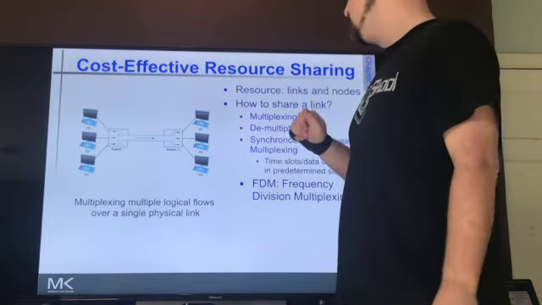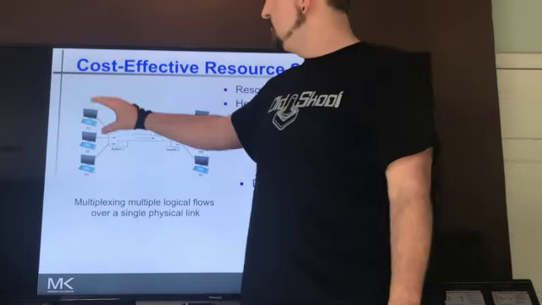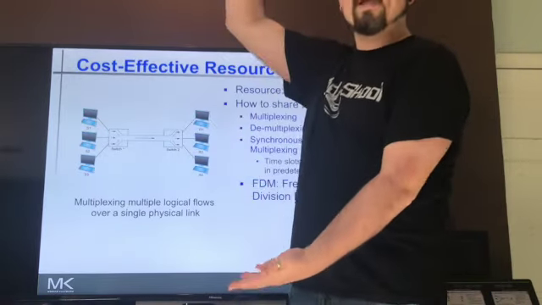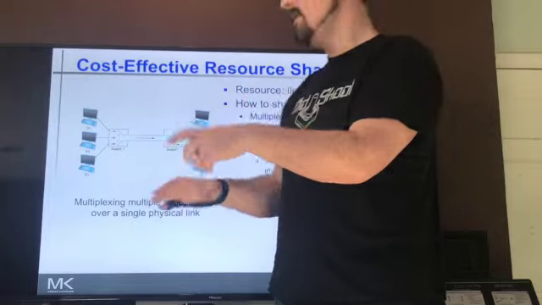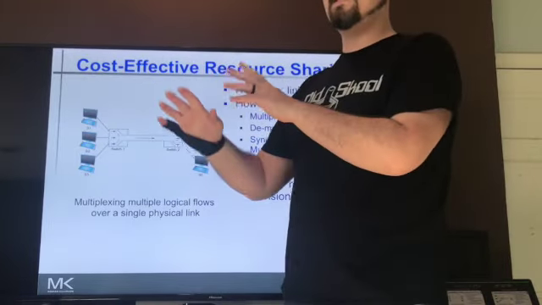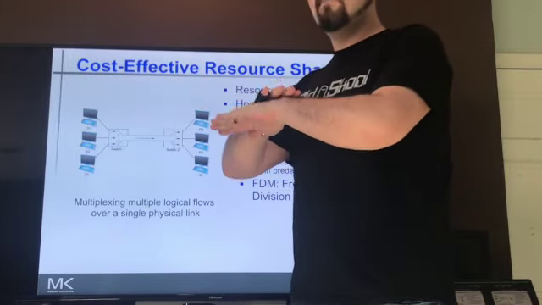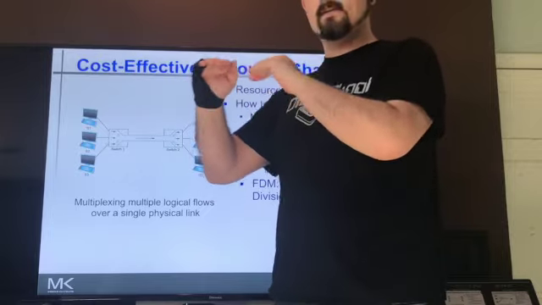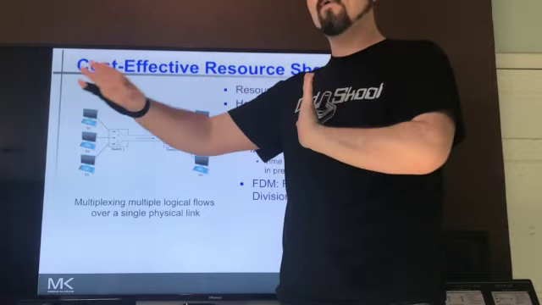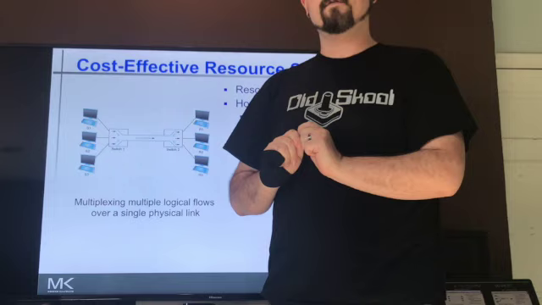Time division multiplexing basically gives you access to the whole bandwidth for a certain amount of time. Frequency division multiplexing gives you constant time access, so you always have access, but it's to a specific frequency.